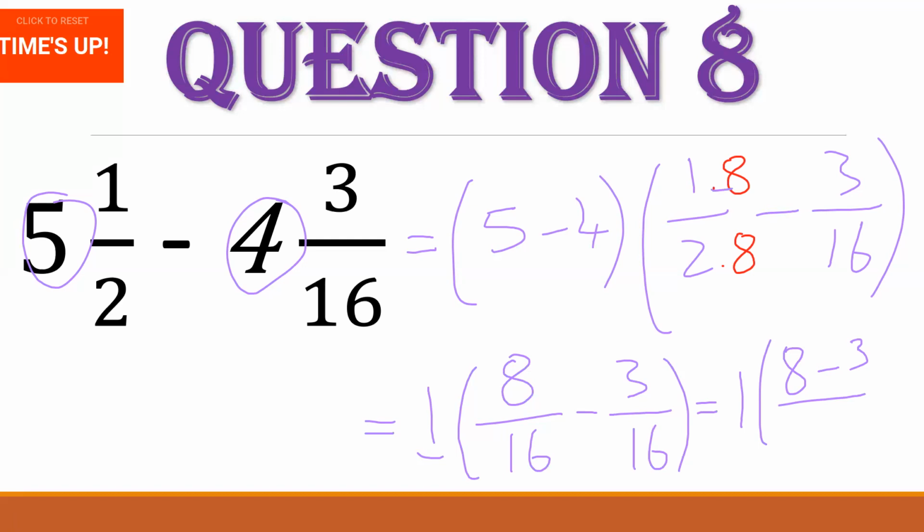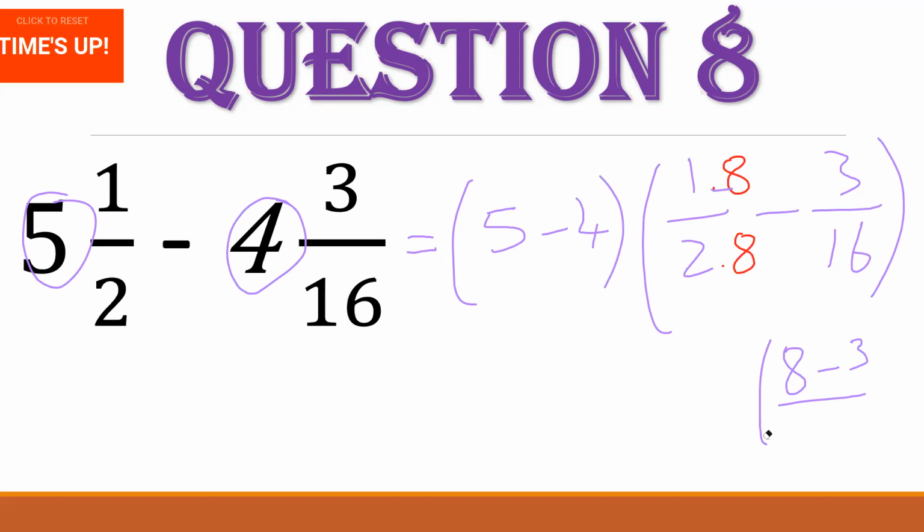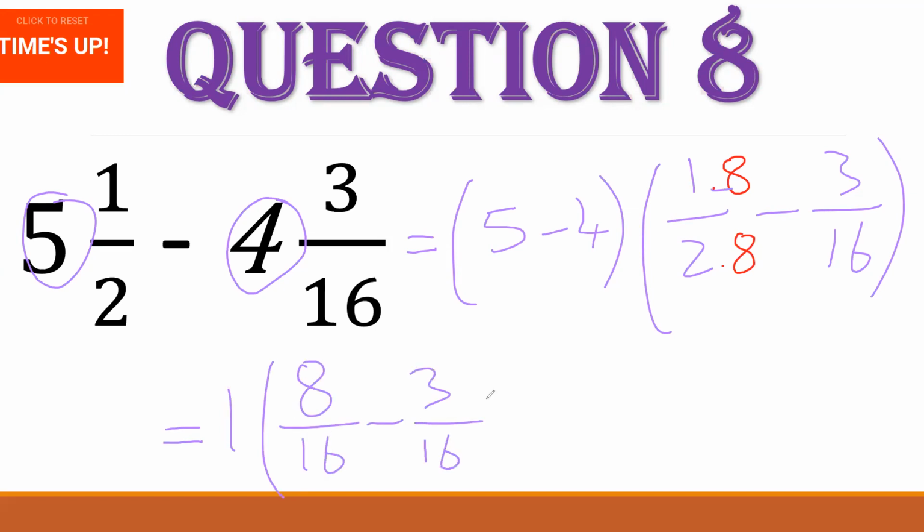Maybe we can just go back quickly. Okay, so firstly, let's clear all because we need some space. First of all, 5 and 4 getting 1, and 8 over 16 minus 3 over 16.